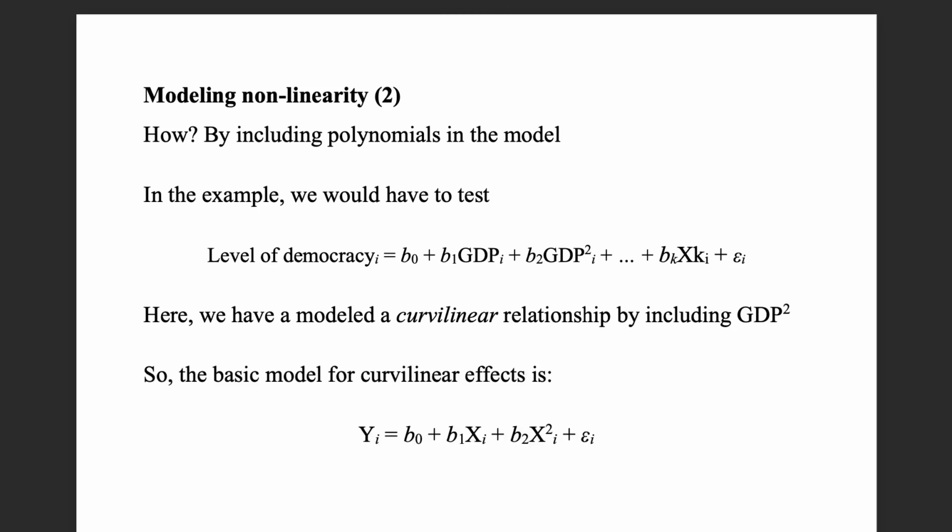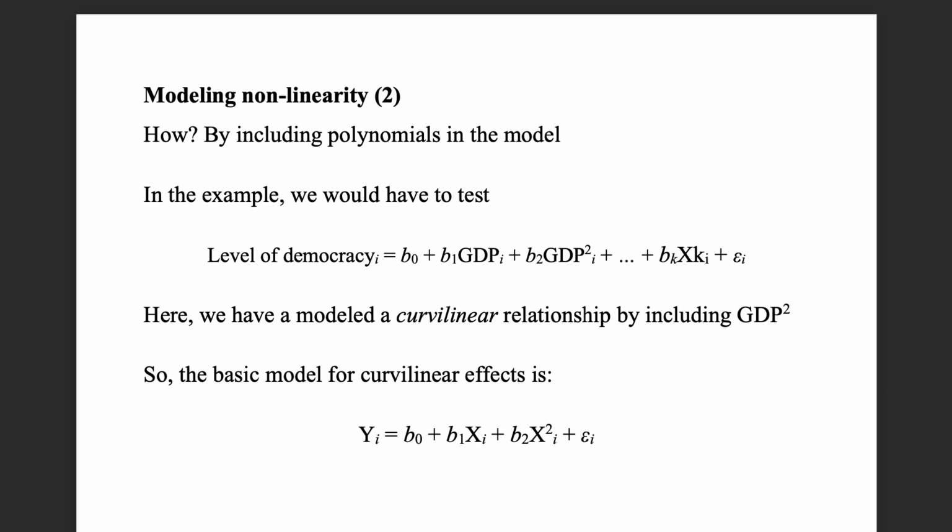This can be generalized to any kind of variable for which we want to see whether there is a curvilinear effect. If you have a hypothesis that there might be a curvilinear effect between whatever dependent variable and whatever independent variable you have, then for that independent variable you can include that variable again, but taking the square of that variable.